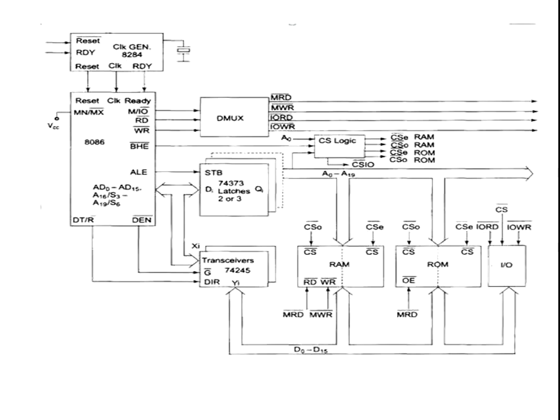In this figure we can see that the DEN signal and DT/R bar signal generated by 8086 are connected to these transceivers. The DEN signal indicates that valid data is available on the data bus, while DT/R bar indicates the direction of data from or to the processor. We have already discussed that.